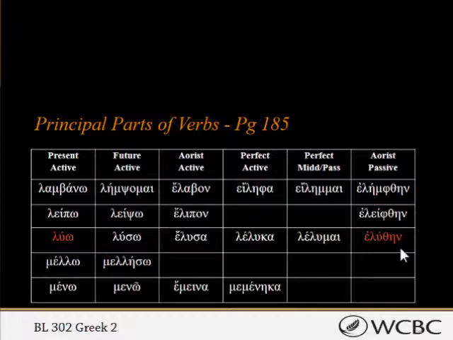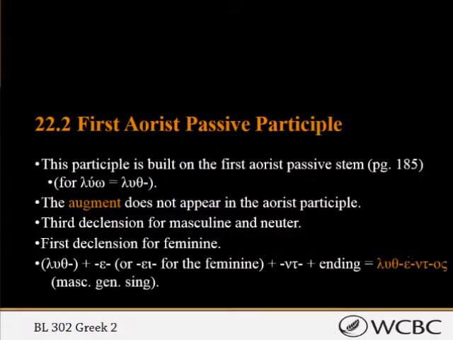The one thing when we're dealing with aorist passive participles is that because we're dealing with a participle, we will not have the augment. So it's basically going to be luth. Luth is going to be the stem that we're going to be working with. And to that stem, we're going to have the third declension for masculine and neuter, and the first declension for the feminine. So luth plus the epsilon, which would be the theme vowel for masculine, or epsilon iota, which would be the theme vowel for feminine.